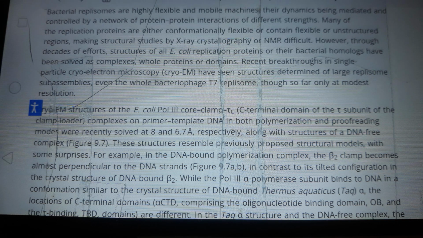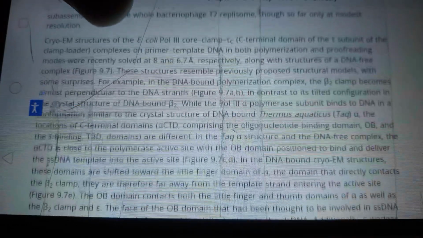However, through decades of effort, structures of all E. coli replication proteins or their bacterial homologs have been solved as complexes, whole proteins or domains. Recent breakthroughs in single-particle cryo-electron microscopy (cryo-EM) have seen structures determined of large replisome subassemblies, even the whole bacteriophage T7 replisome, though so far only at modest resolution.